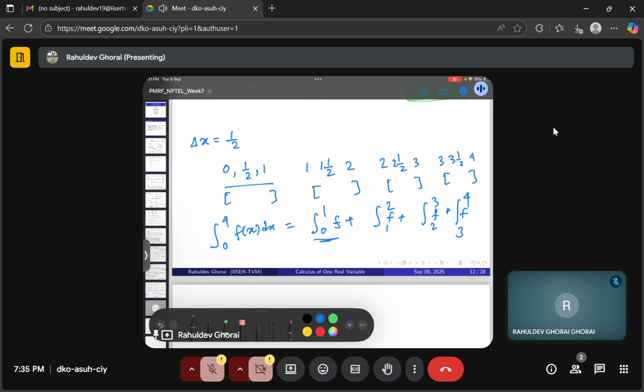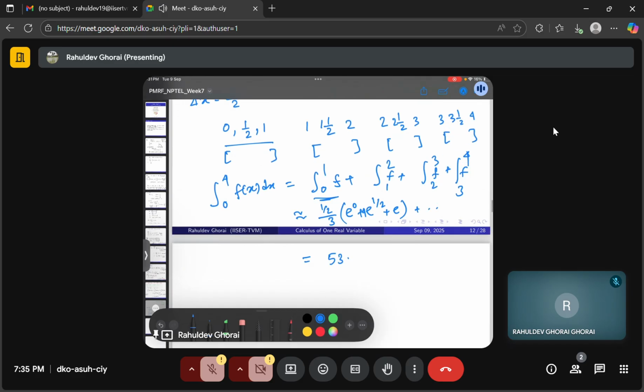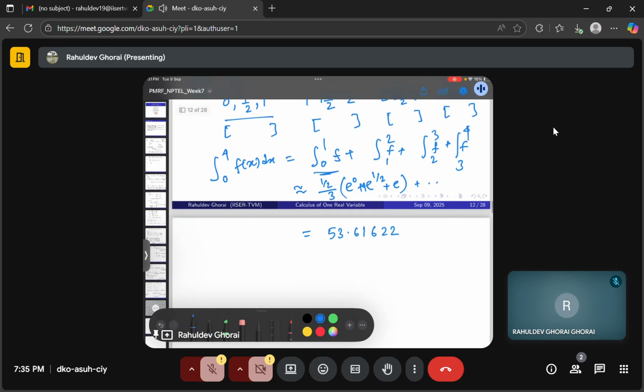First one, del x is half, so half over 3, f0 is e to the power 0, plus 4 f half, which is 4 e to the power half, plus e to the power 1, that is e. And similarly you do all this business, do it at home by yourself, and you will see it will be 61.622.